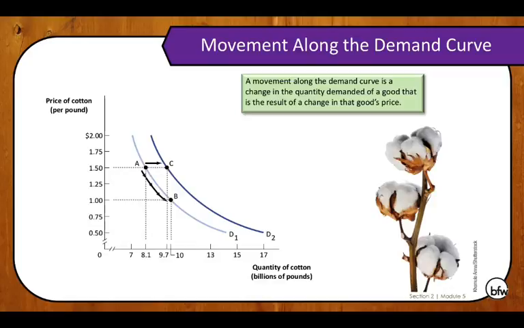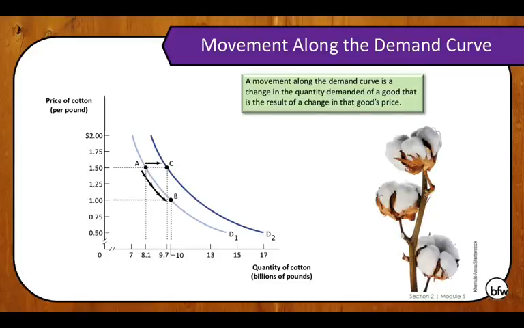Well, the quantity demanded increases from 8.1 billion pounds of cotton to 10 billion pounds of cotton. But we moved from A to B along the same demand curve, and the price went down from $1.50 to $1. So this is an increase in quantity demanded caused by a decrease in the price of the good, and that is represented by movement along the demand curve from A to B.